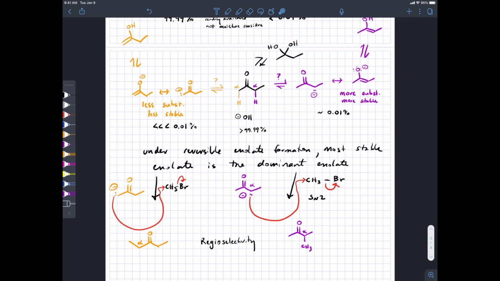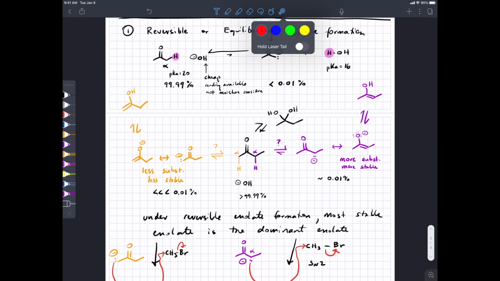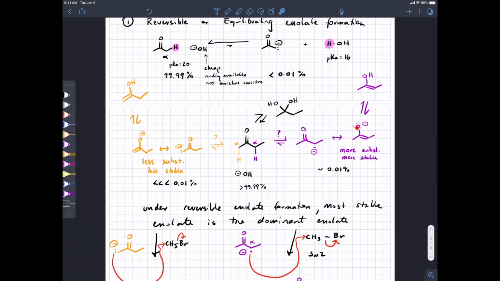How does the stability of the enolate affect the basicity of the oxygen? So I presume you're asking about the oxygen on the enolate. That's a good question.